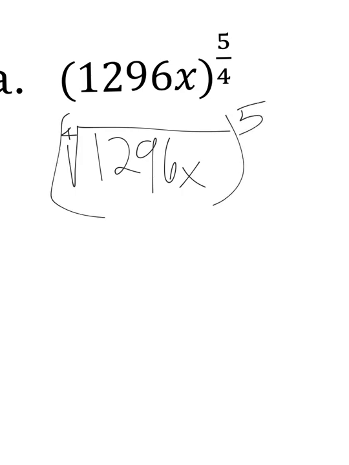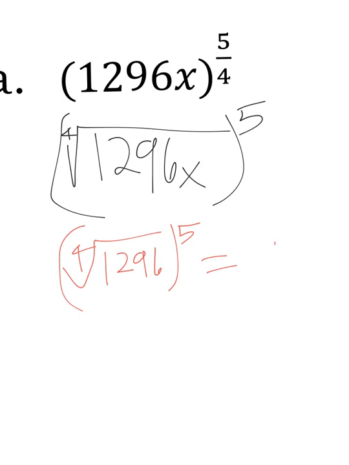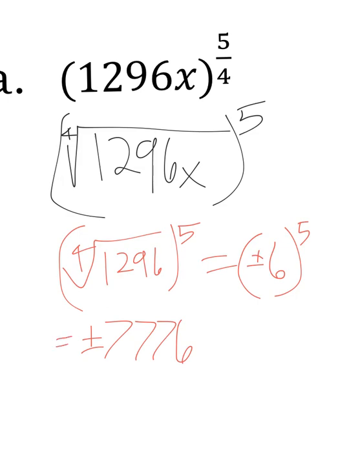Now, as far as solving this goes, let's talk about what the 4th root of 1296 is, and then I'll talk about that x in a moment. We'll do the 4th root of 1296 and then raise that to the 5th power. So the 4th root of 1296 is 6, but since it's an even root, you're going to write plus or minus 6. And then I'm going to raise that to the 5th power. And that to the 5th power will be plus or minus 7,776.